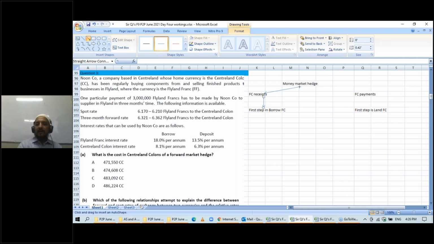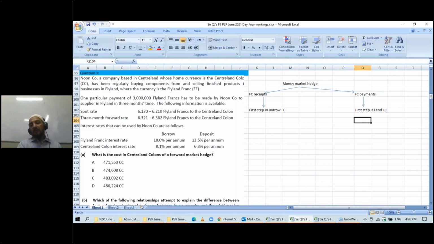In the money market hedge for receipts, remember that in the first step we borrowed foreign currency, then converted it into the local currency and then invested it. And we received money after 3 months from the investment along with the interest. In the case of a money market hedge for payments, we will first invest the foreign currency amount.